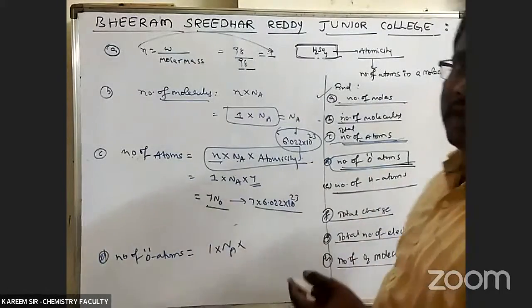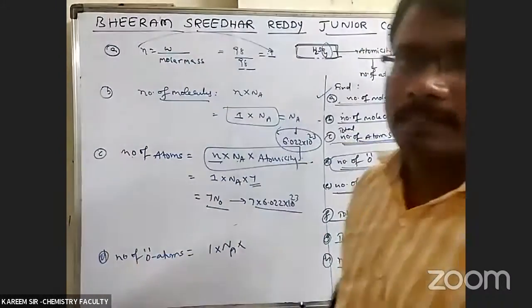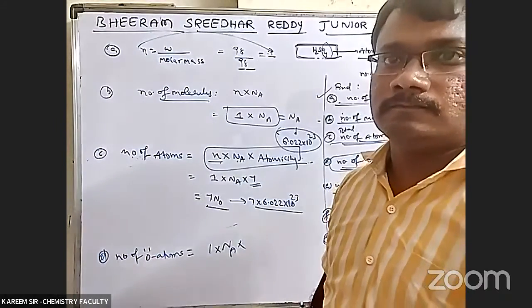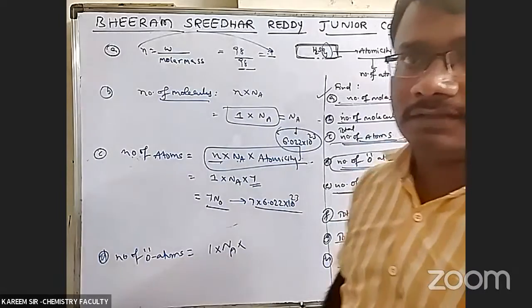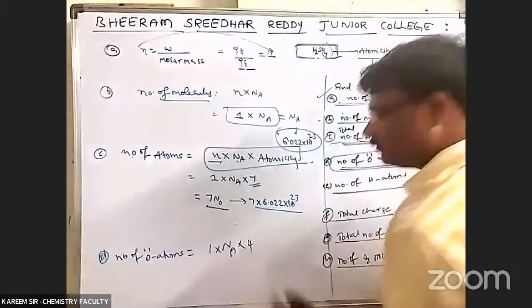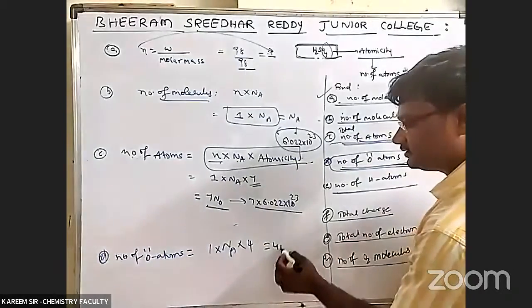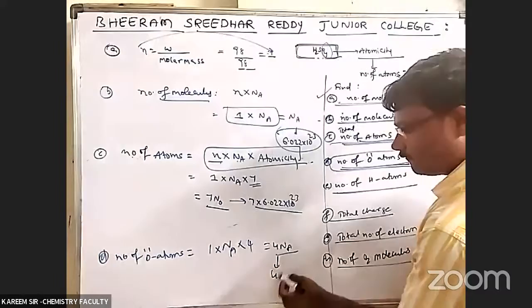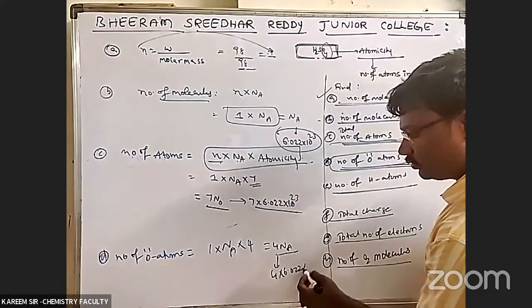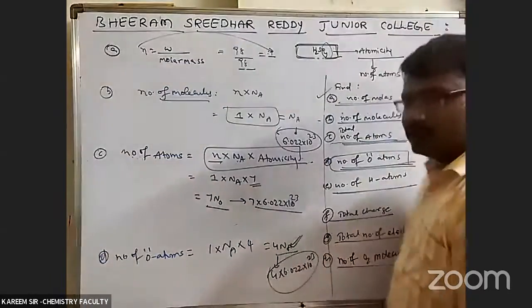But how many oxygen atoms are there? See the formula. There are 4 in one molecule, so into 4. The answer is 4 N naught. If you want the value, 4 into 6.022 into 10 power 23. Putting this in the answer is no problem.